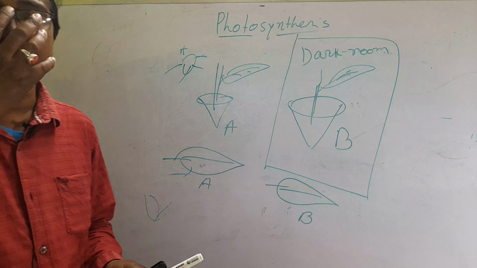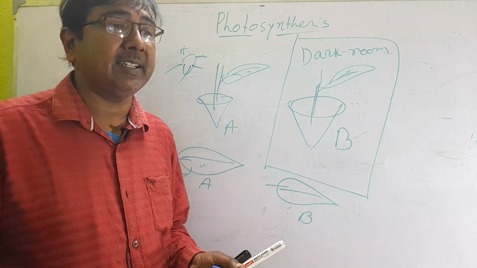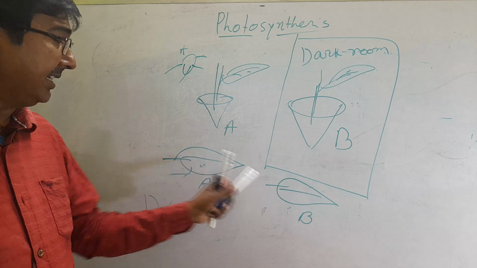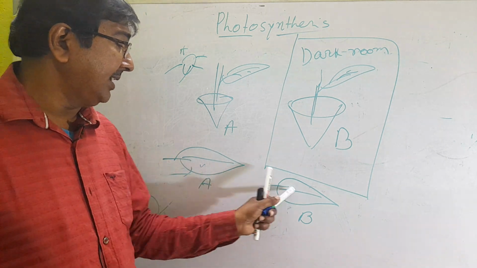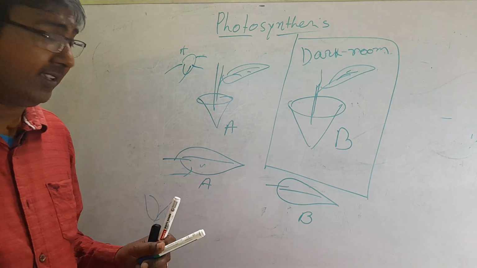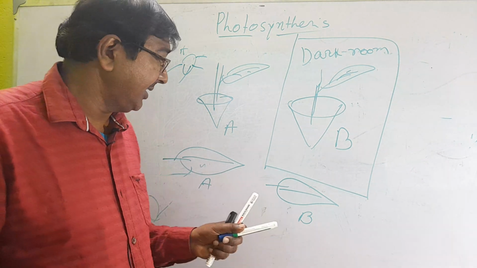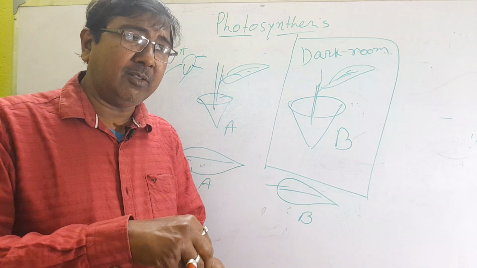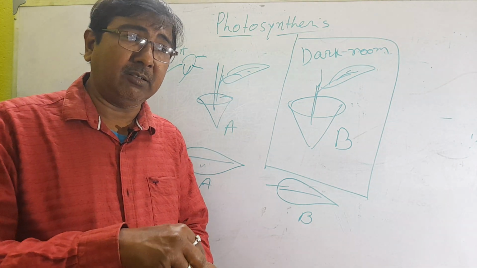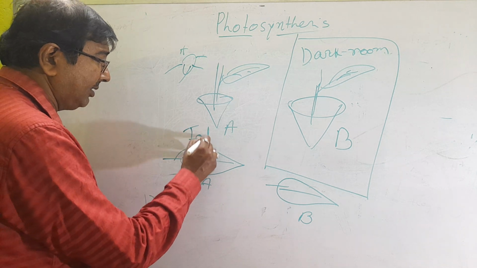This is an important question. Why is the leaf again boiled with water? For softening the leaf. When we add methylated spirit, the leaf becomes very hard, so it needs softening. That's why we again boil it with water. Then add iodine.